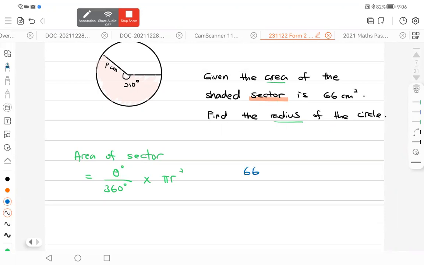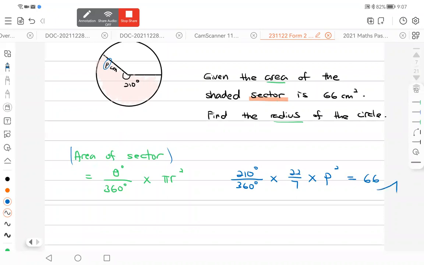So the angle subtended over 360 degree times pi times radius, which you don't know. You write down like this, already got mark.